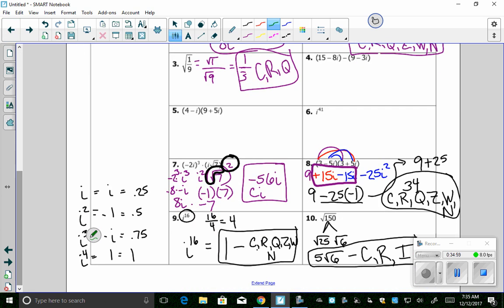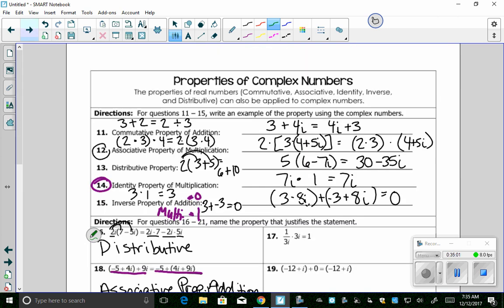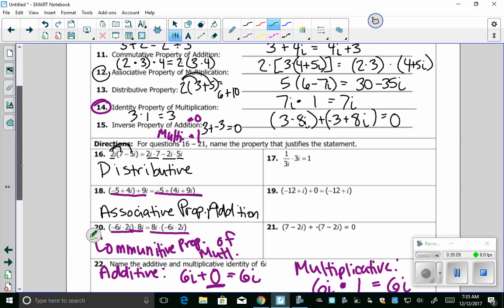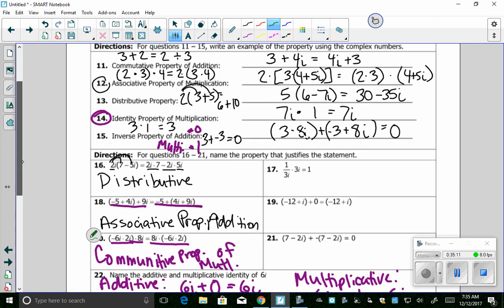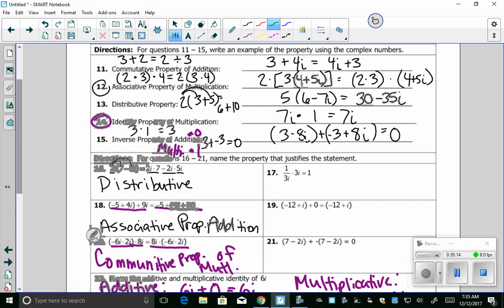I also want you to go through and come up with an example of your own for 11, 12, 13, 14, and 15. So I want you to come up with an example other than the ones I've already used of each of these properties. So come up with your own example.